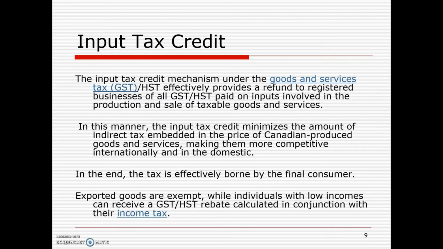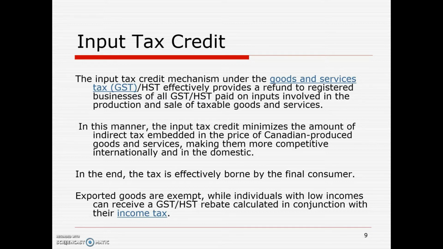And that is the crux of the matter. The most important thing to remember is that importers and then every company along the line of a good transferring from the importer to the wholesaler to the retailer, all those companies don't pay the HST, but they get it refunded.